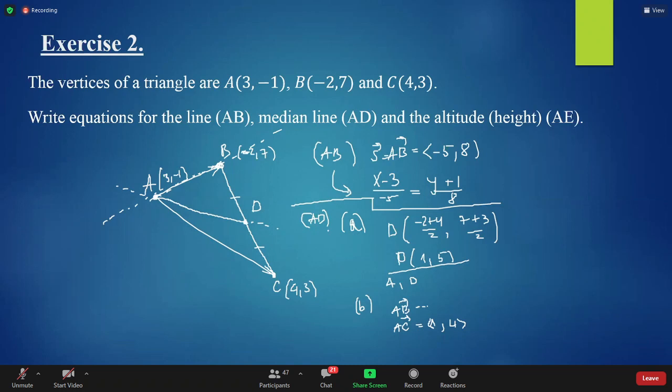So the direction vector for AD would be 1/2, or maybe simply the sum of the 2 vectors. Okay, we can write 1/2, but it doesn't matter. We can take the full sum, AB plus AC. And we would have the direction vector, and we would have still 1 point.